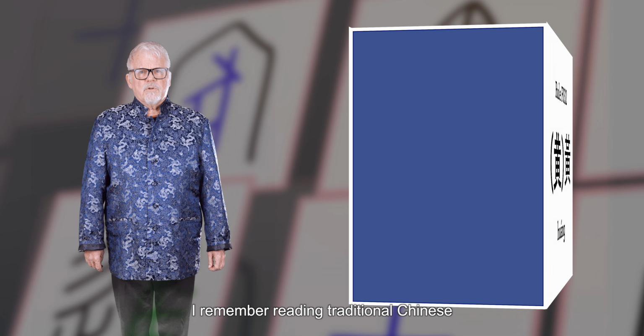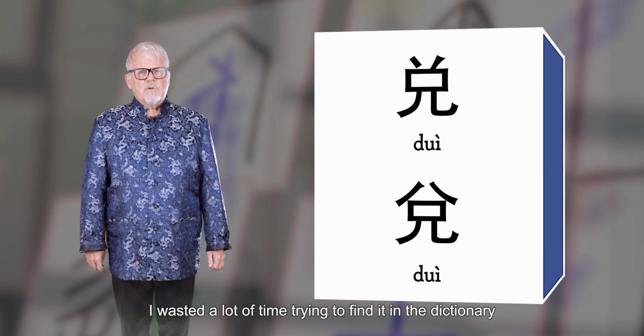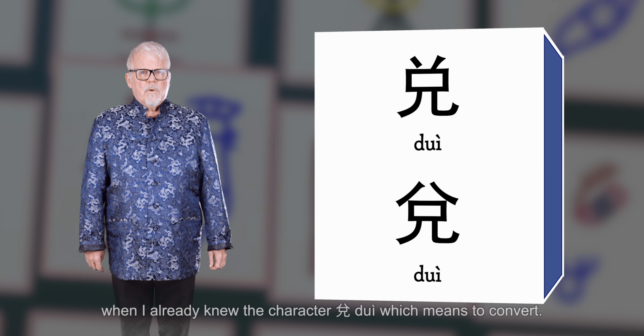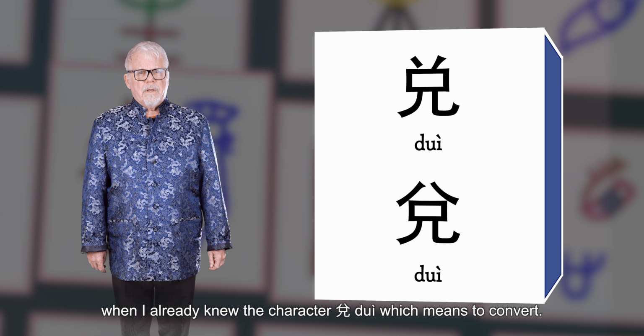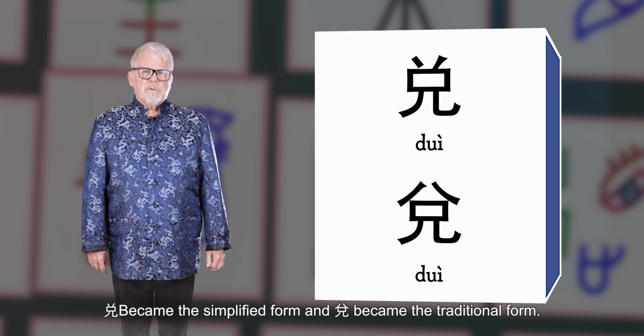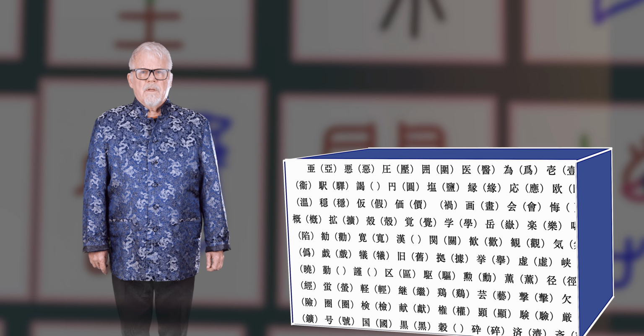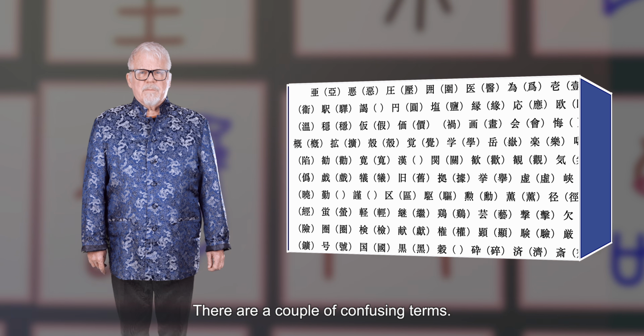I remember reading traditional Chinese and finding the character dui. I wasted a lot of time trying to find it in a dictionary when I already knew the character dui, which means to convert. Dui became the simplified form and dui became the traditional form. There were a couple of confusing terms.